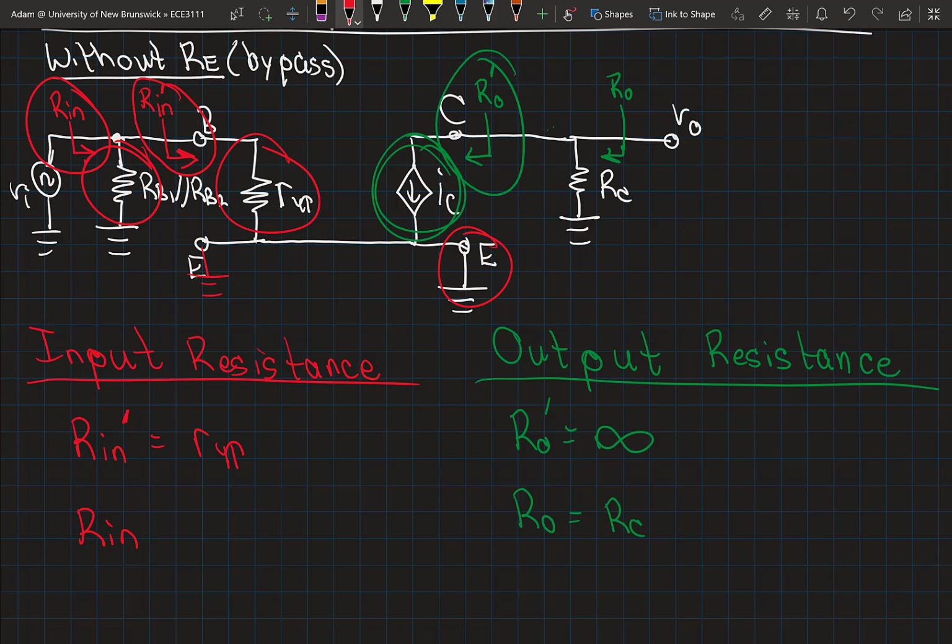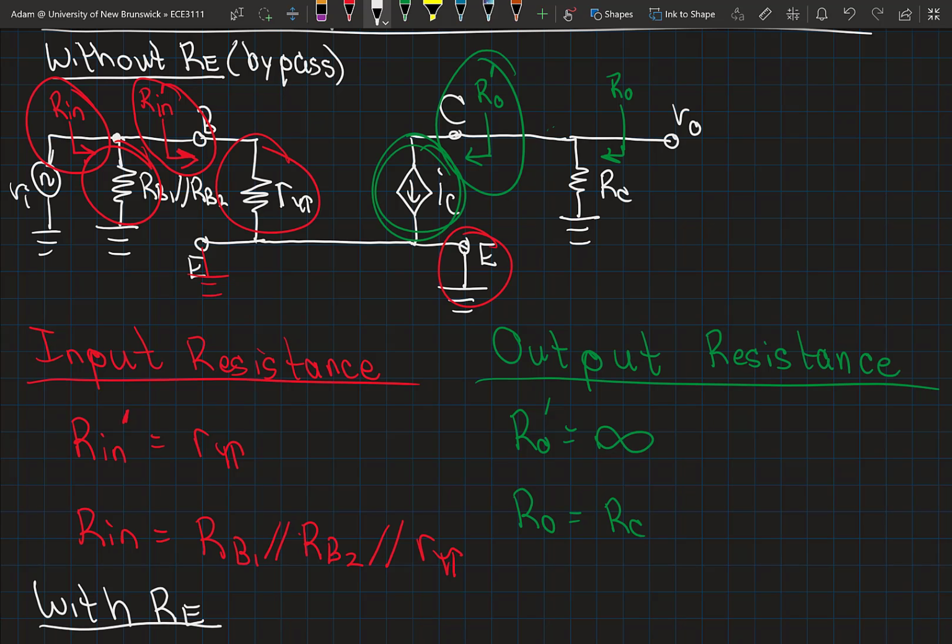So R in here is going to be equal to RB1 in parallel with RB2 in parallel with R pi. Simple enough, but what about the input and output resistance with RE?